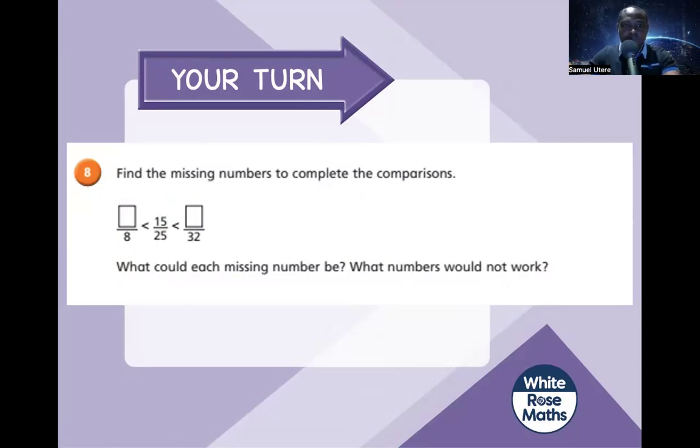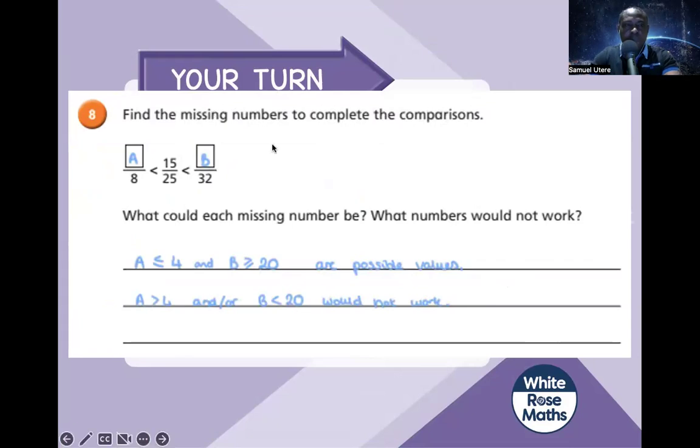Let's discuss them. Here you were asked, find the missing numbers to complete the comparisons. So what could each missing number be? What numbers would not work? So the missing numbers could be 4, all right?